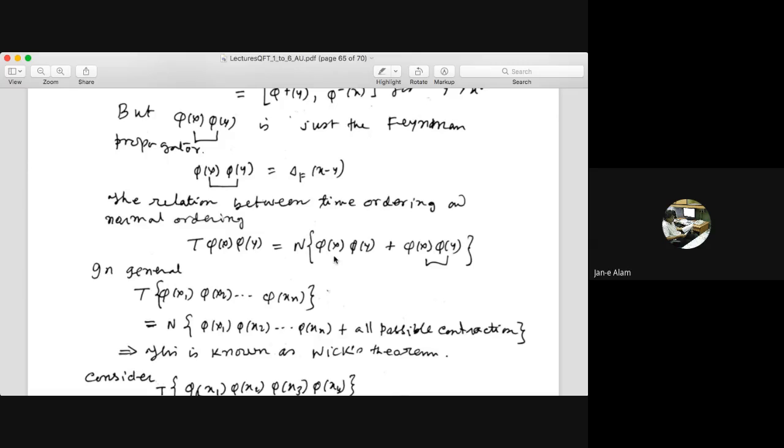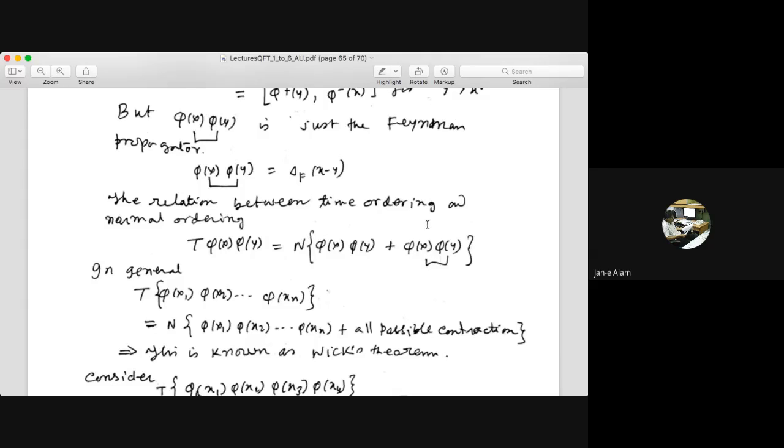An uncontracted term will involve the annihilation operators, and normal ordering will put the annihilation operator on the right; when you operate that on the vacuum, it will give you zero. So Wick's theorem tells me how to handle the time ordering operator in terms of normal ordering plus all possible contractions.